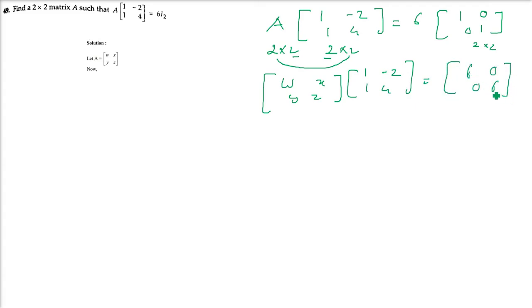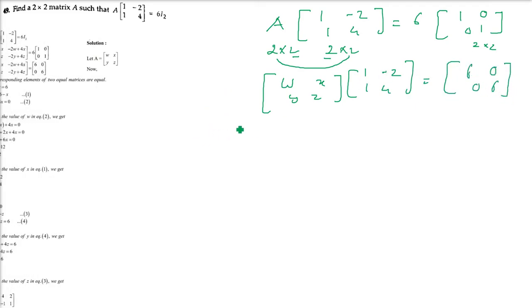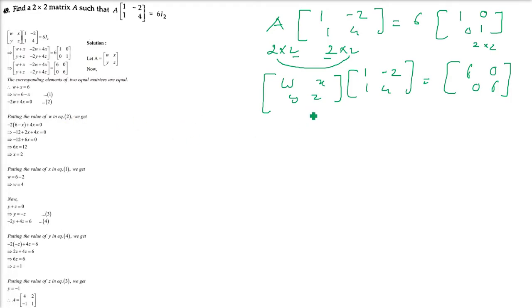So this kind of question we have already done, 2 or 3 questions we have done. I hope you will be able to do it. Let me just give you a hint. w into 1 plus x into 1 is equal to 6.